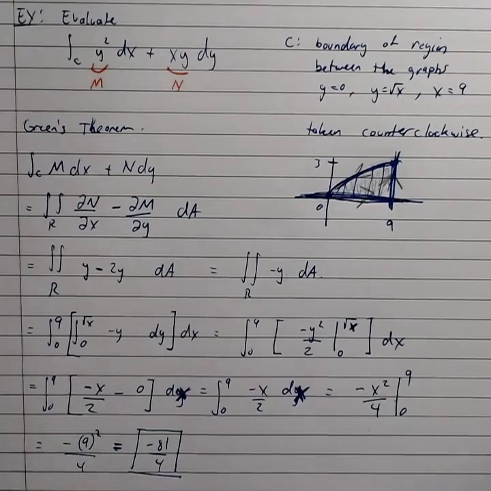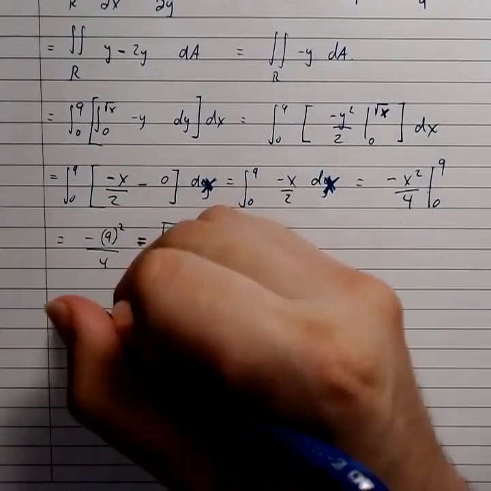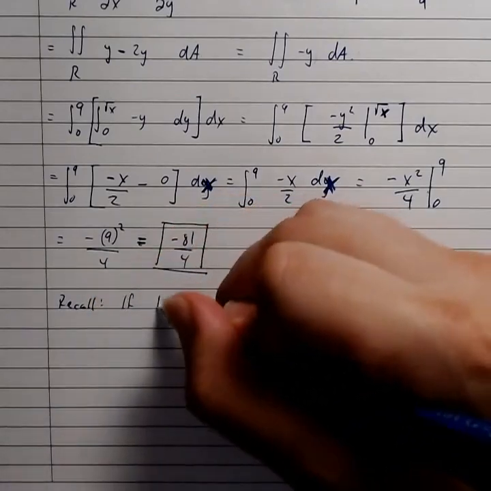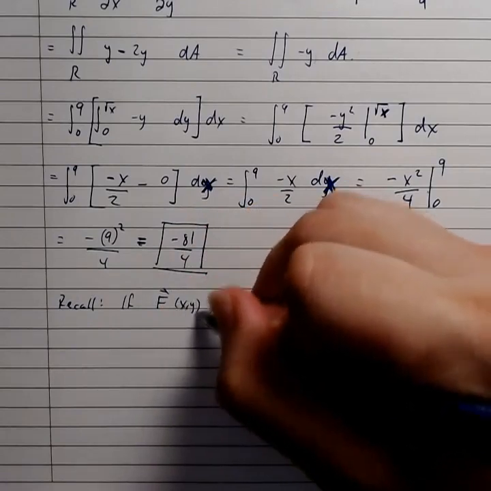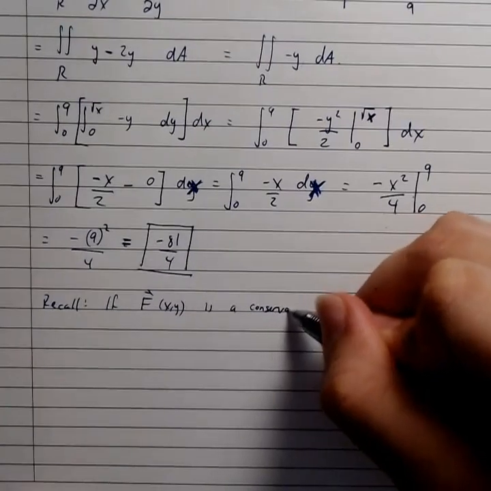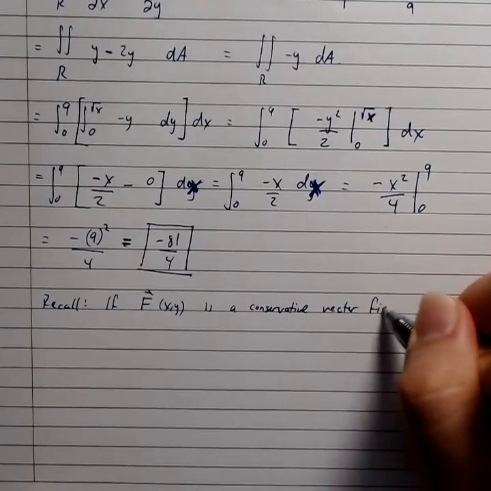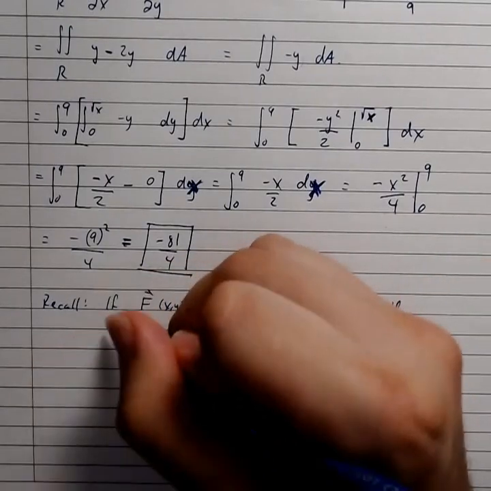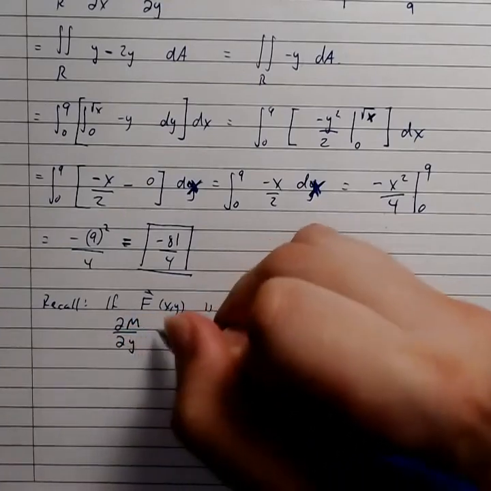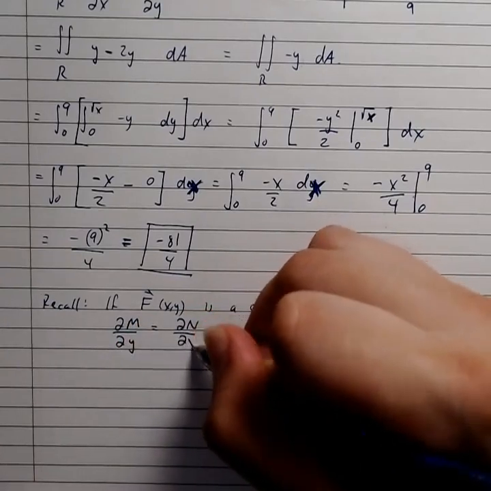Note that Green's theorem tells us something else. There's a consequence of Green's theorem. Recall, if f of x comma y is a conservative vector field, then the partial m with respect to y is equal to the partial of n with respect to x.